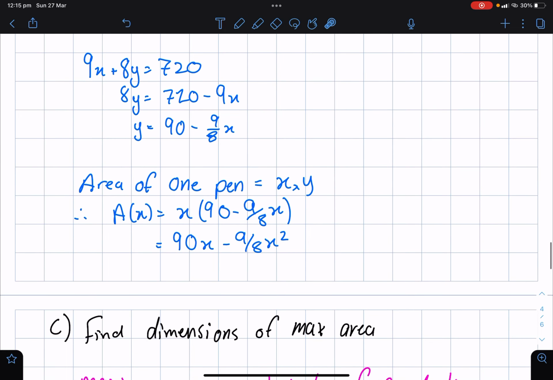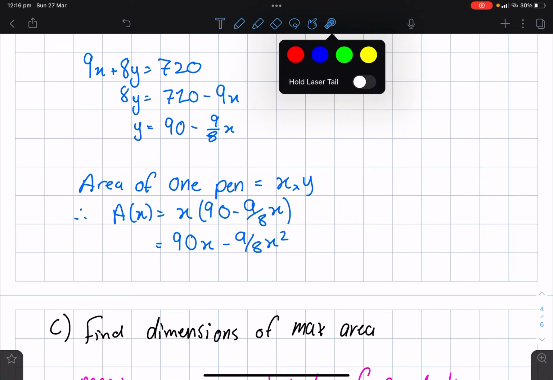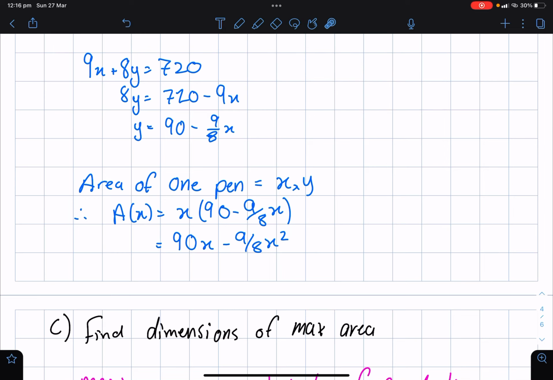Part C: find the dimensions of max area. When we're dealing with quadratics, the maximum or the minimum will occur at the vertex. We will have a maximum when we have a concave down quadratic.